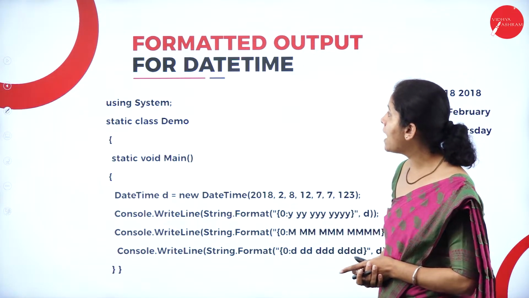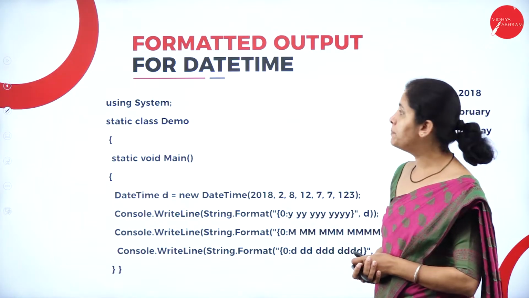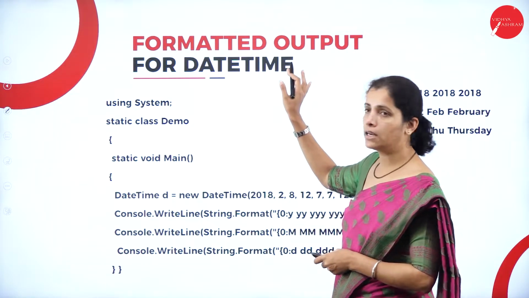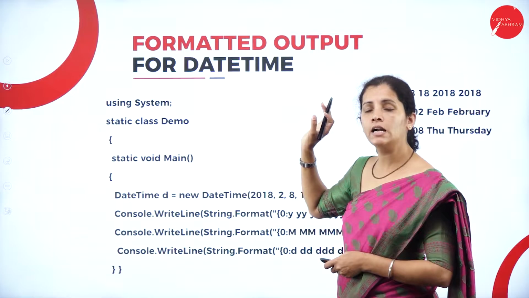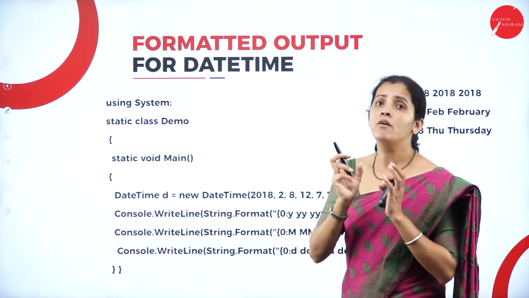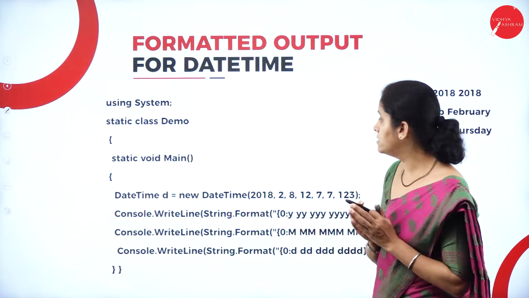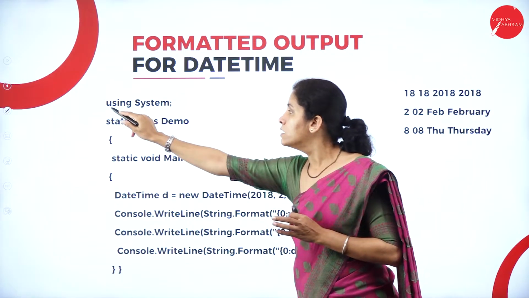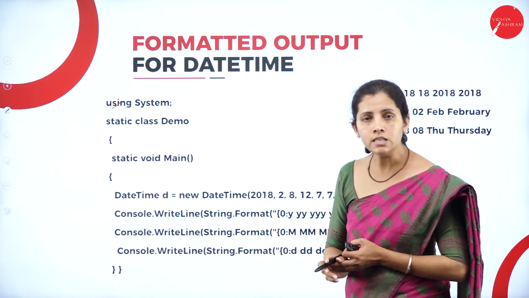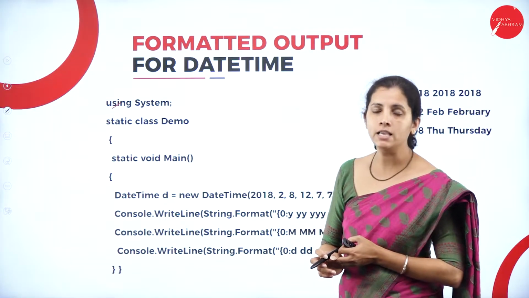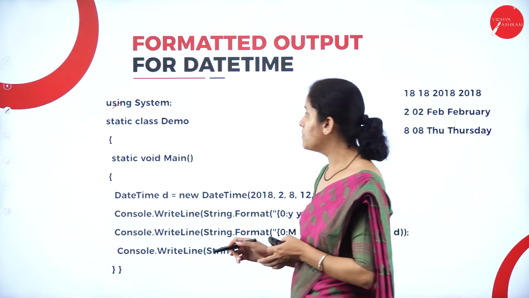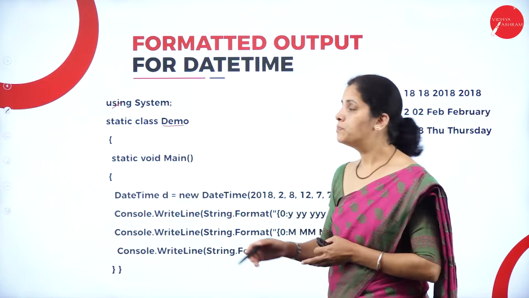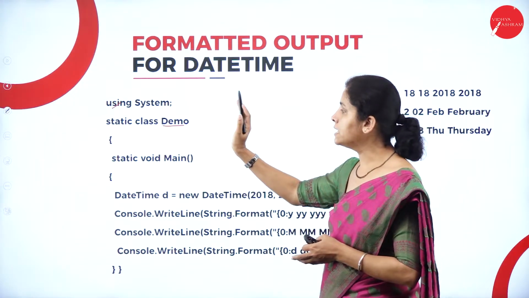Now I'm going to have another example, that is date and time. That means I want to display the date and time in a formatted output manner. So here I have the program, and using System, always this is my first line in my C# programming, and I'm going to start the program by creating a class.